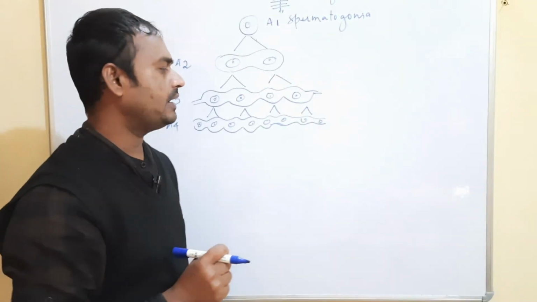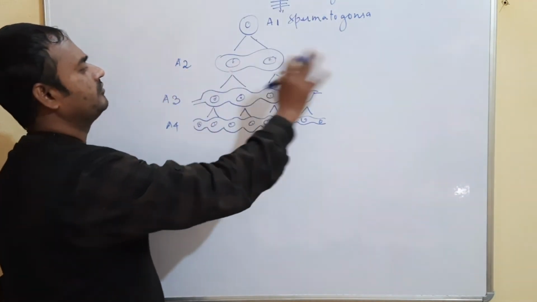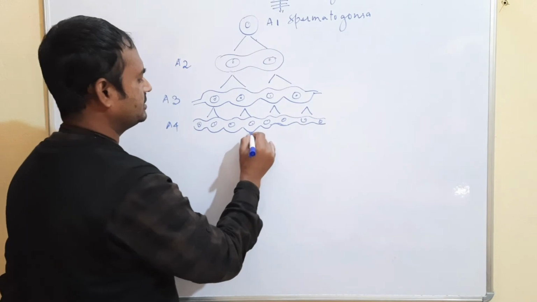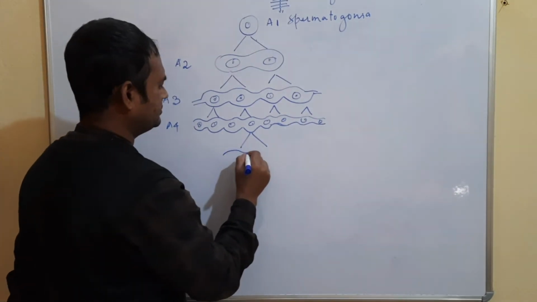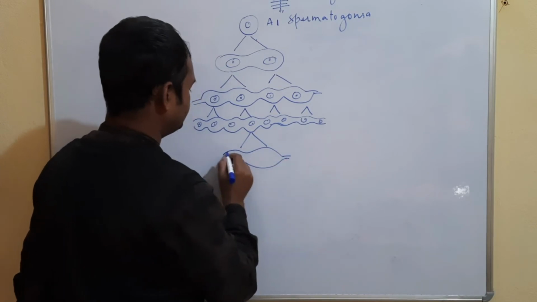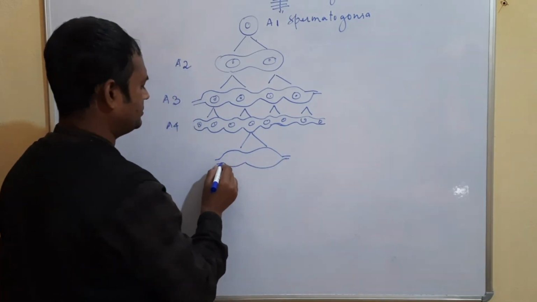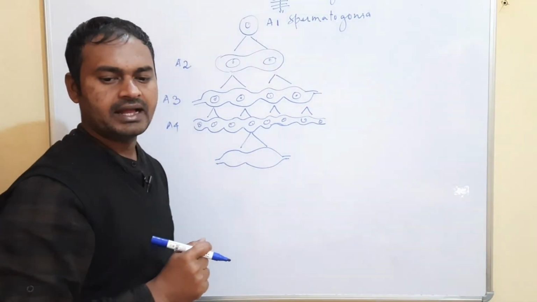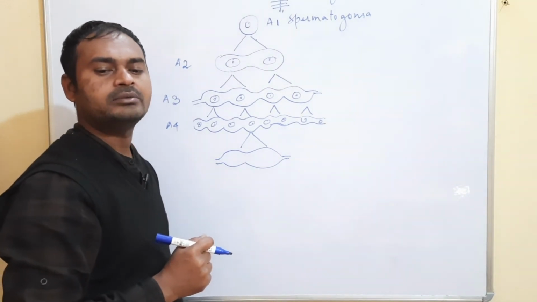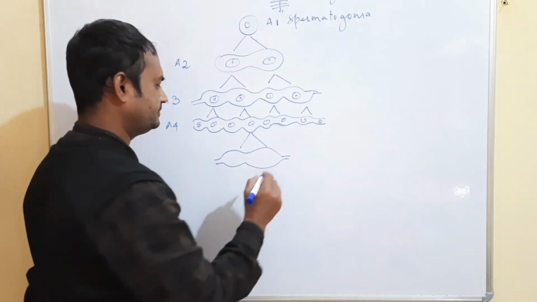And we will not take account of all those cells. Just let us take another one, this one. And this will form the intermediate spermatogonia.